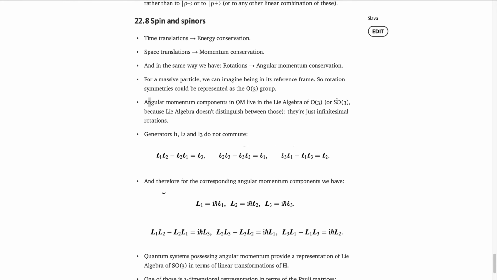Basically, the O3 and SO3 Lie algebras are the same, and the elements of that Lie algebra are just infinitesimal rotations. And we know that SO3 elements do not commute, and therefore the Lie algebra generators L1, L2 and L3 also do not commute, which is stated by those equations here.